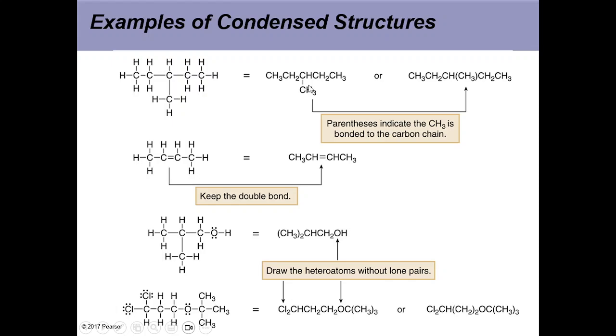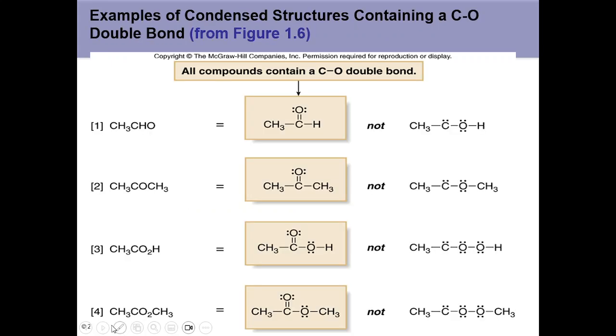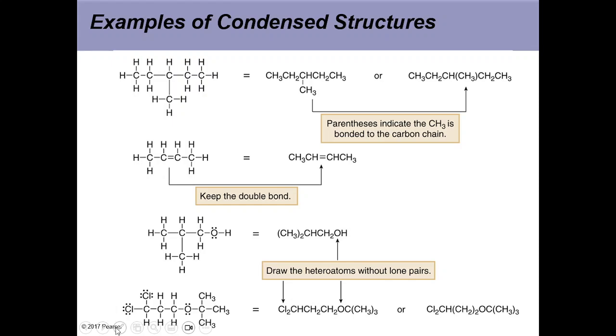Now the other way you can show this side branch CH3 is to put CH3, CH2, CH2, CH2, CH3, but merge the CH3 into parentheses CH3, representing that the CH3 is attached to the carbon in front of it. It's not directly attached to the carbon next to it.